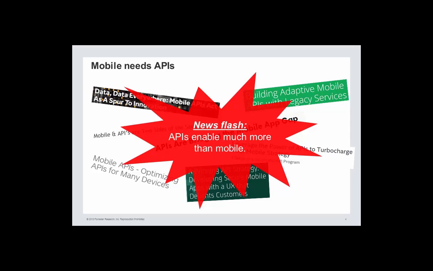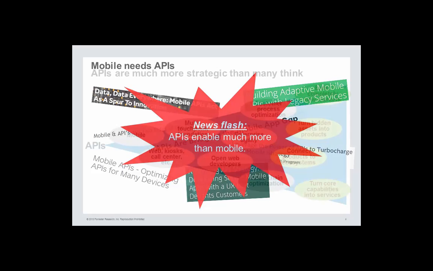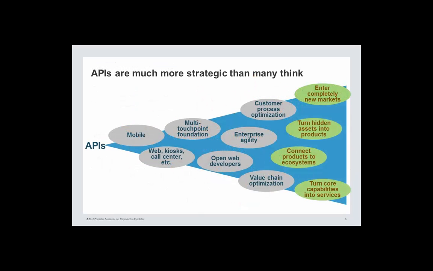So let's talk about that. APIs for mobile, okay, but they actually get pretty strategic to your business and to the future of your business. But let's walk up to that. You have mobile, you understand that, but you also need to do web applications, which are still out there, or kiosks, or serve your customers from call centers or smartwatches or whatever the touch point might be, digital TVs.